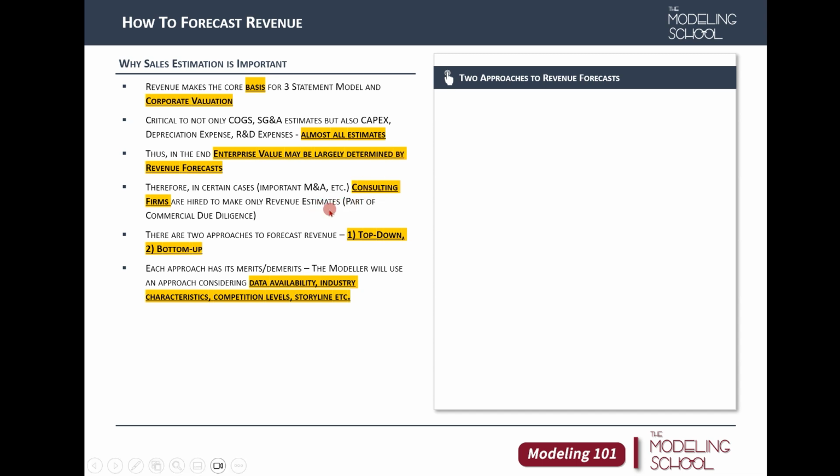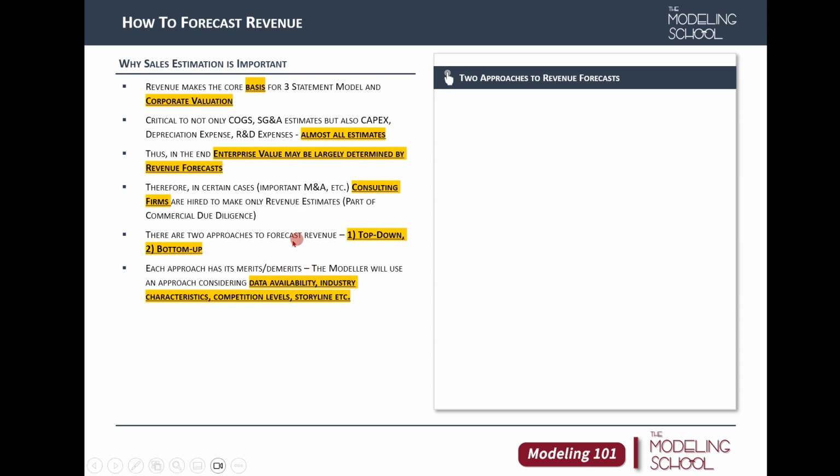That is called commercial due diligence, and as I mentioned before, they're given 3 weeks, 4 weeks time, and all they're doing is just trying to get a perfect estimate on the revenue, perfect logic on the revenue. Of course, that is very difficult, but why they do that is because revenue is so important.